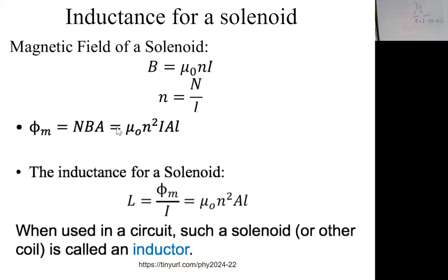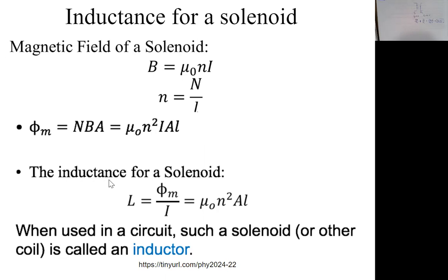It's going to be equal to mu naught n squared I times A times L. This comes from rewriting capital N as small n times L. Then small n times L times B, which is mu naught n I. So you have two small n's in it: mu naught n squared I times L and then times A. That's the expression for magnetic flux in the solenoid.